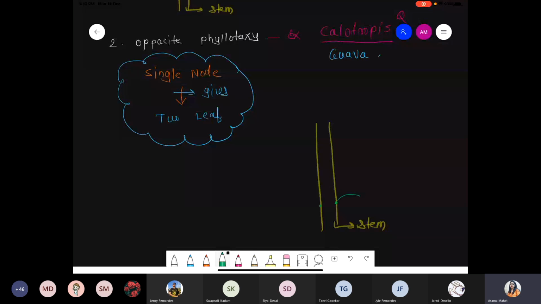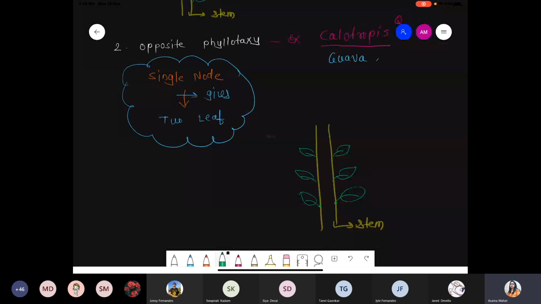From one same point, exactly in the opposite direction, there is a formation of a leaf. Like this, there is no alternate, exactly at the parallel position. Such type of phyllotaxy is called opposite phyllotaxy.